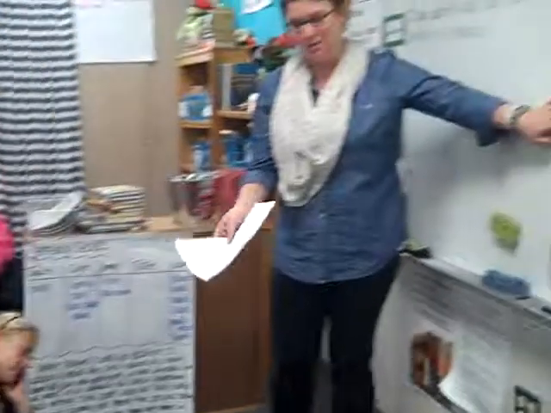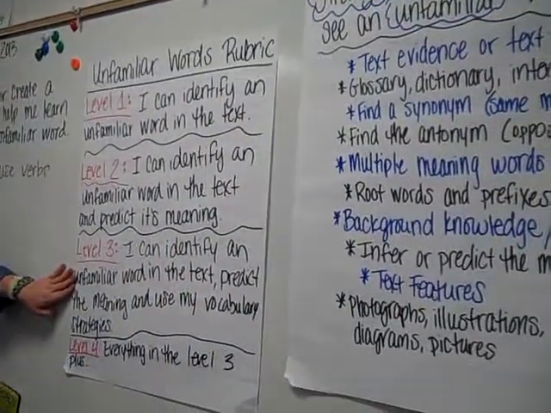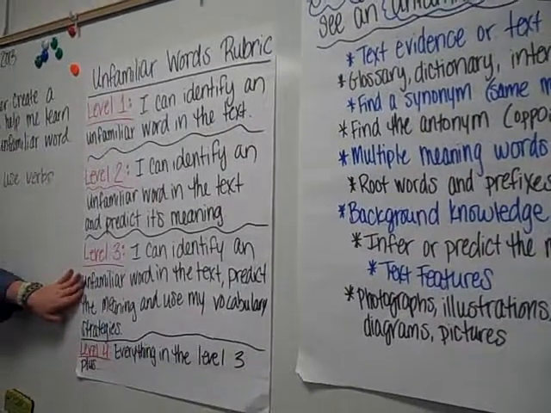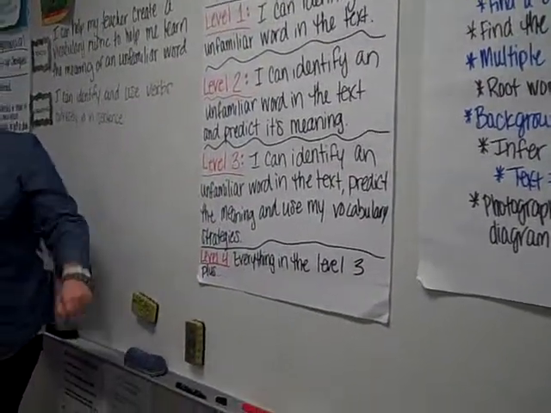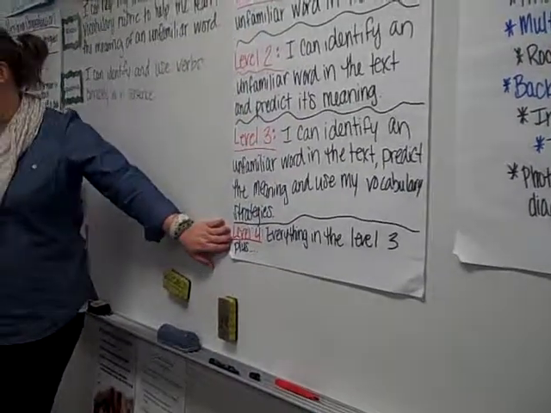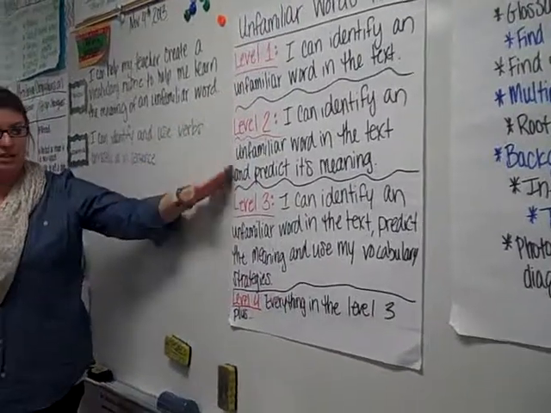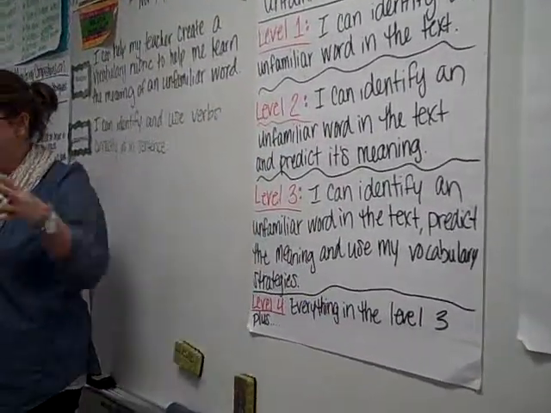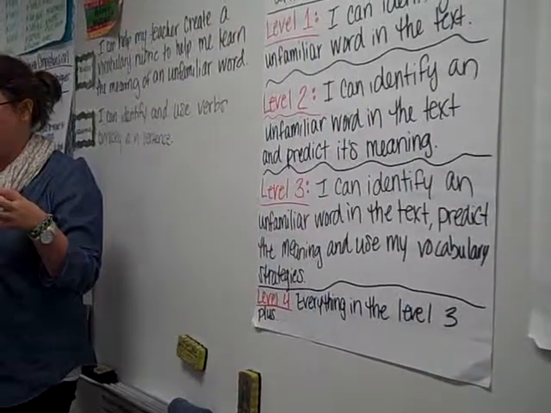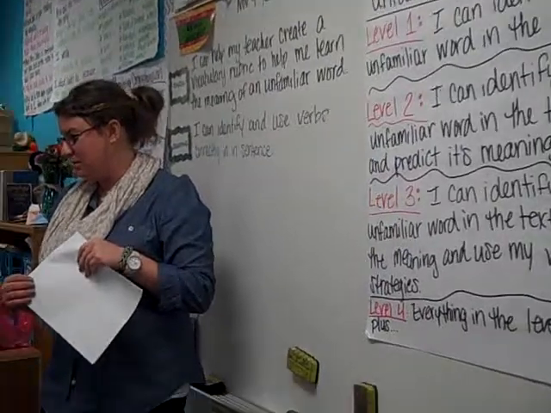But then if you have so much trouble with all of our strategies, where do you go, Madison? What did you say you do last? Internet or dictionary. But we don't always have those available. Yeah. A level 4 is identifying your unfamiliar word, predicting its meaning, using a strategy, and then using all of that awesome information and putting that new vocabulary word into a sentence correctly.